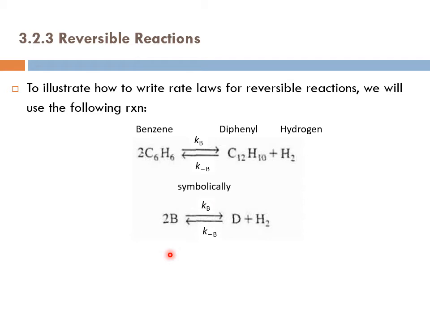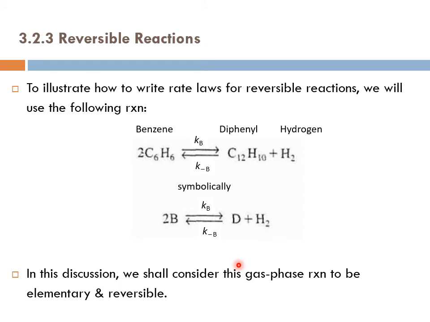Obviously, this is the forward reaction rate constant. And here we have k_-B. So this is the reverse reaction rate constant. Both are written based on the species B. In this discussion, we shall consider this gas phase reaction to be elementary and reversible.